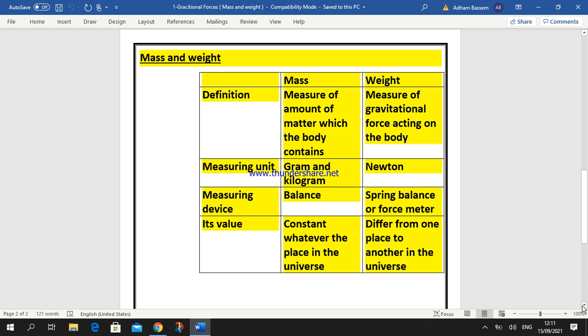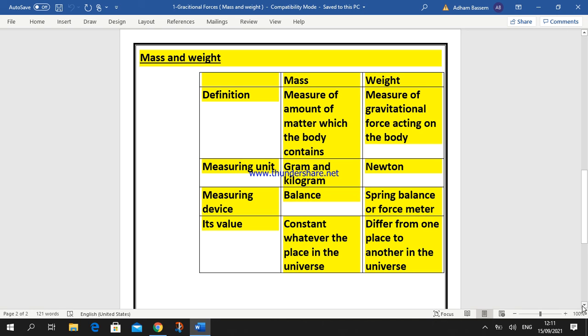If the object's mass on Earth is 30 kilogram and the force of gravity of the Earth equals approximately 10, so the weight equals mass times 10, okay? 30 times 10 equals 300 Newton, okay? So the weight of the object on the Earth equals 300 Newton, okay?